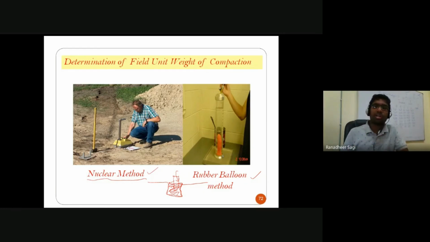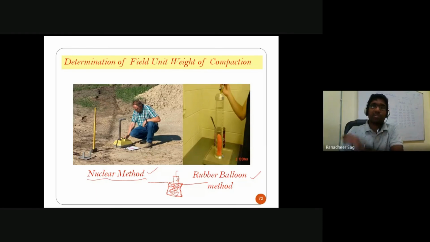So it's not a proper technique in coarse grain soil or gravelly soil deposits. So we say the core cutter method is not very effective in such soil deposits. It depends on the type of soil and the accuracy you are looking at. You have other equipment or methods by which you can determine the field density of the compacted soil.